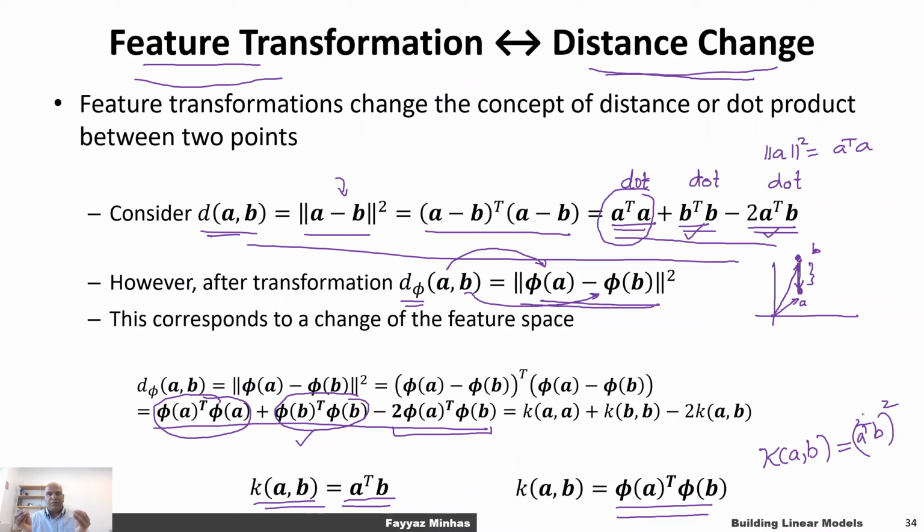So instead of doing an explicit transformation, if I change the concept of dot products for a given feature space, then that automatically means that I've applied a transformation. And next, what I'm going to try to explain to you is a proof of the transformation that we've been using and how it's related to a dot product.